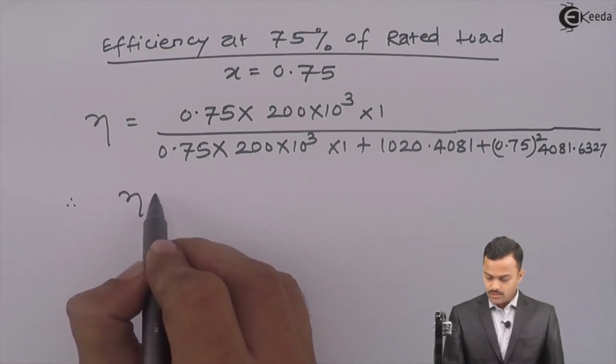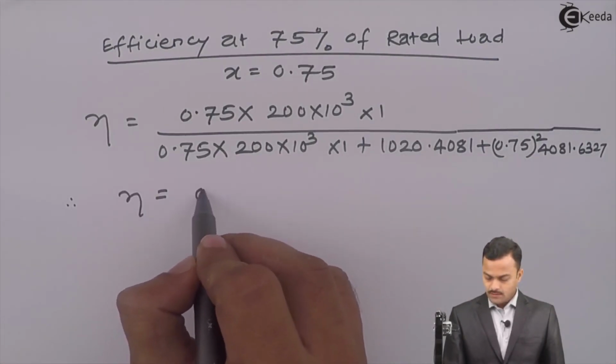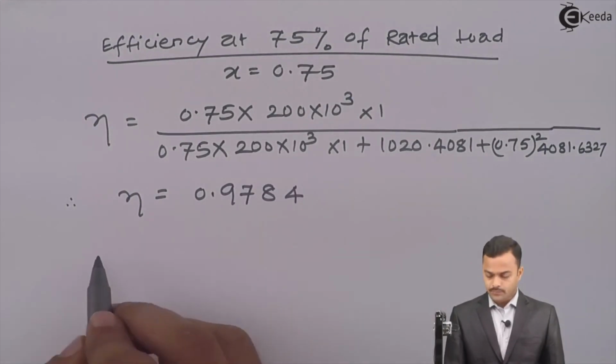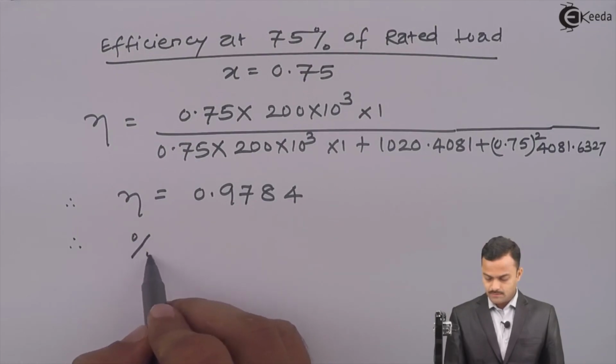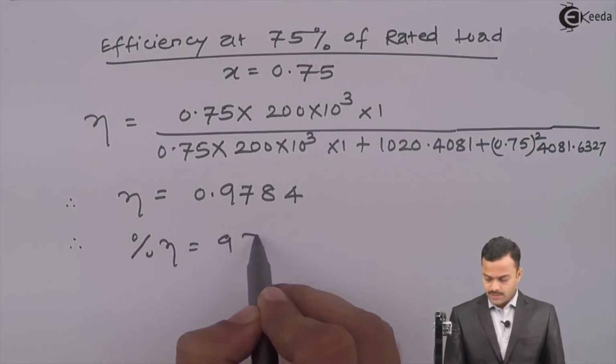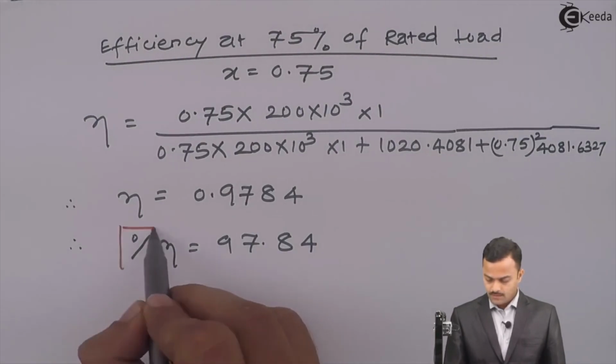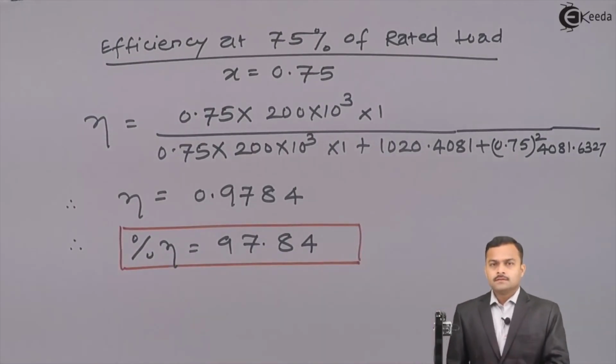If you solve, you will get efficiency 0.9784. In percentage, it is 97.84%. This is the required answer. Thank you.